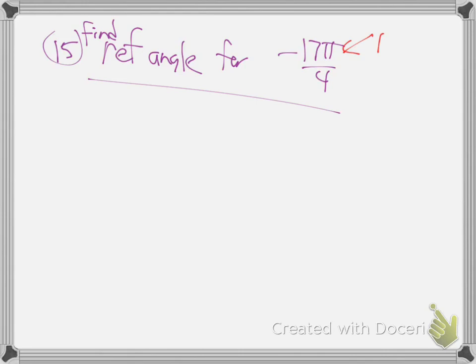Pop in the 180. So 180 divided by 4 times 17. I'm getting negative 765.